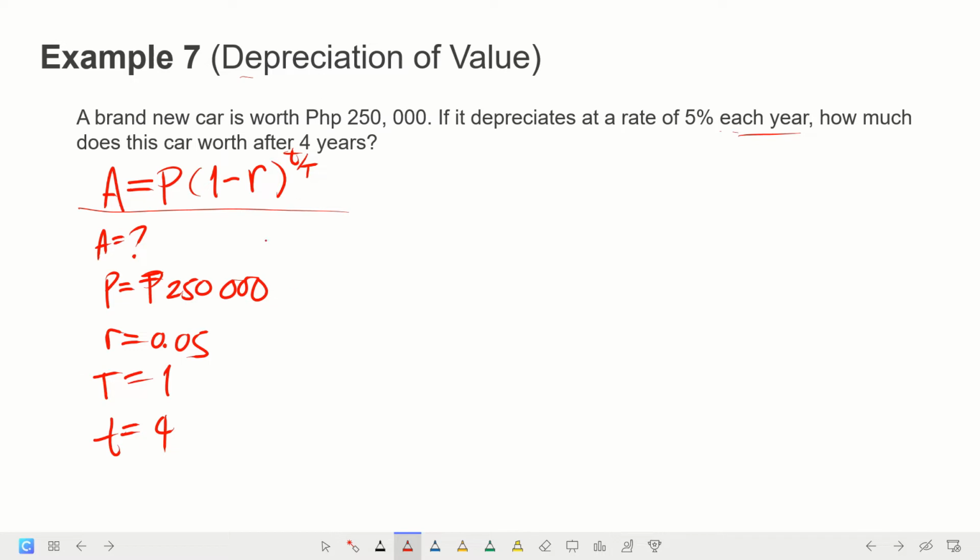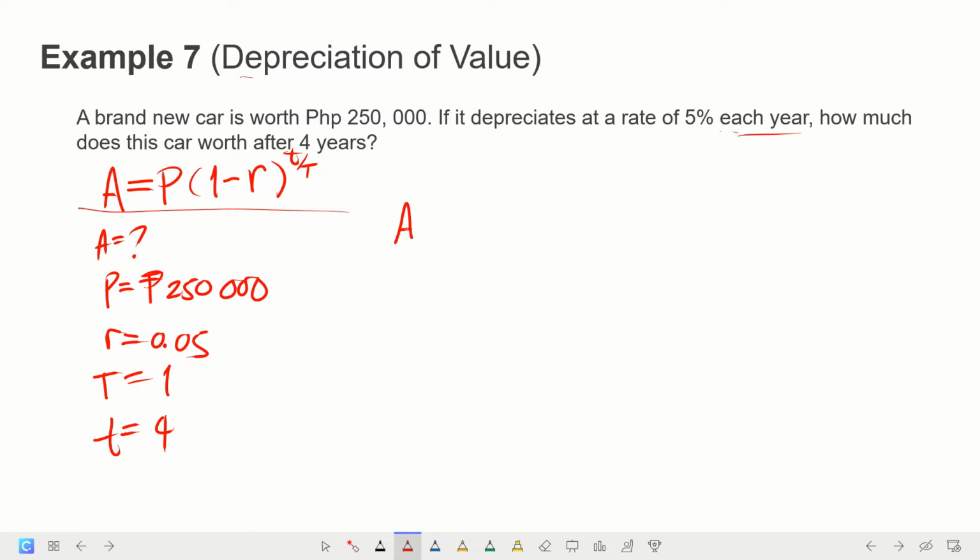So let us now evaluate this equation. Let us look for the worth of the car after 4 years. Because we know that an item, for example the car in this example, will decrease in price after 4 years. So what is the new price if you want to sell your car?